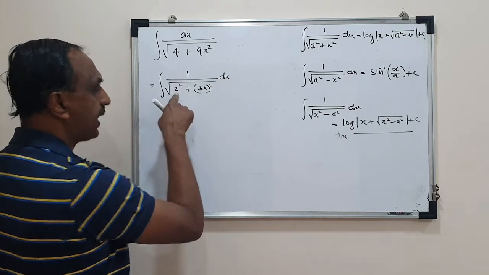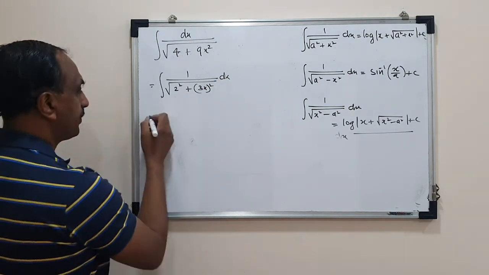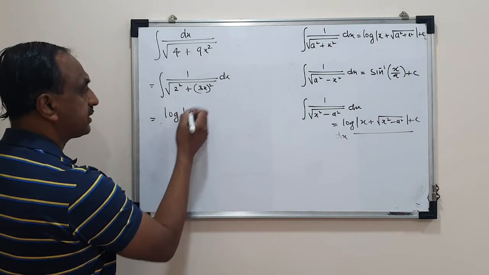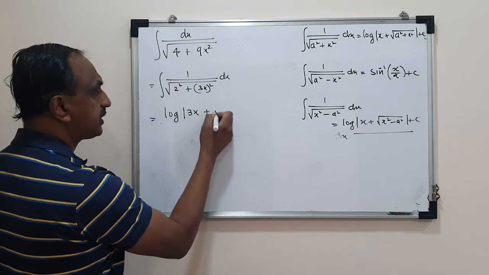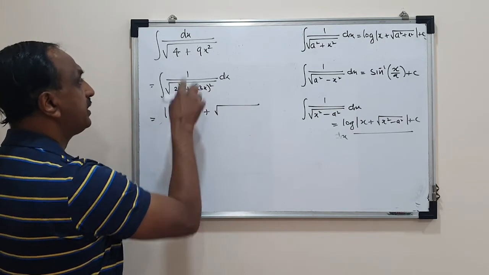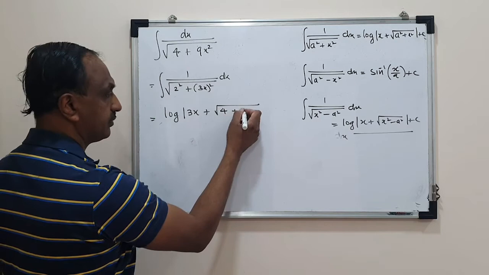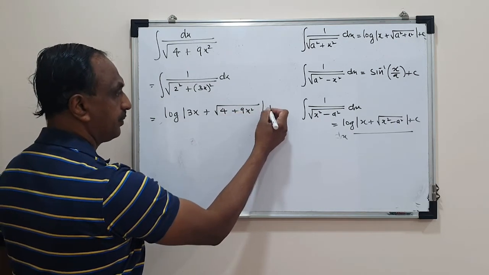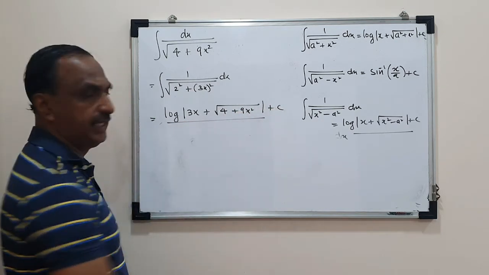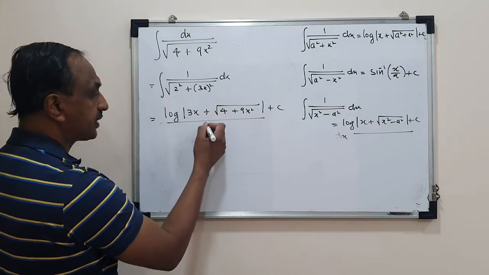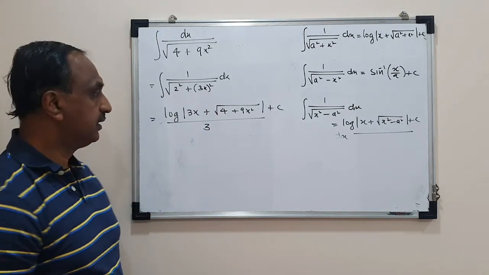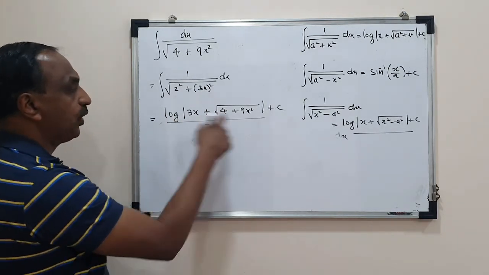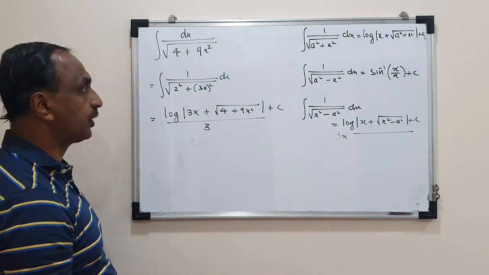Even if you don't write 2 square, it's fine. It is log of x, x is 3x, plus denominator. Either you can write this or this, plus c divided by the coefficient of x. The coefficient of x here is 3. So your answer became 1 by 3 log 3x plus root of 9x square plus 4.